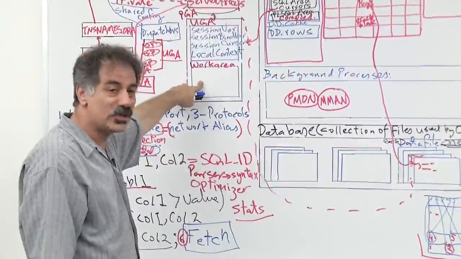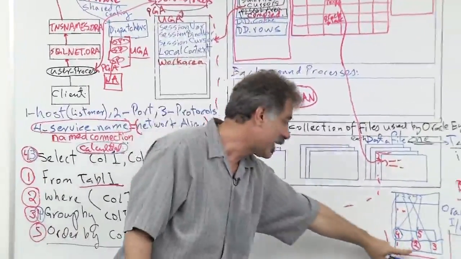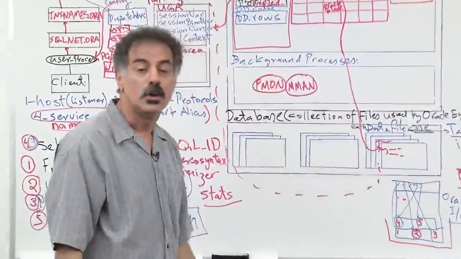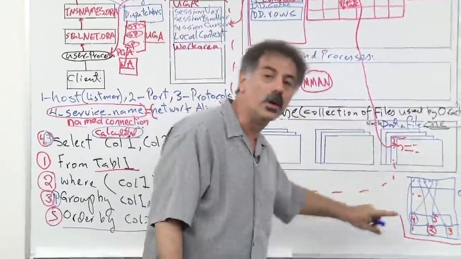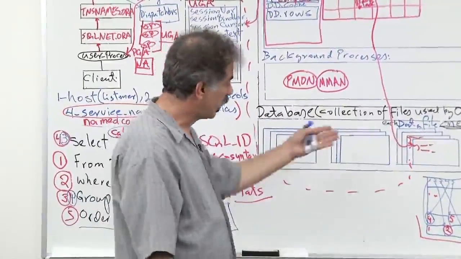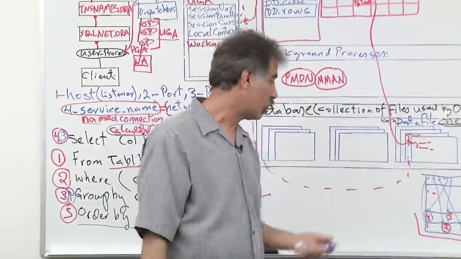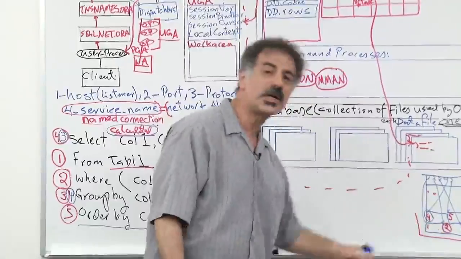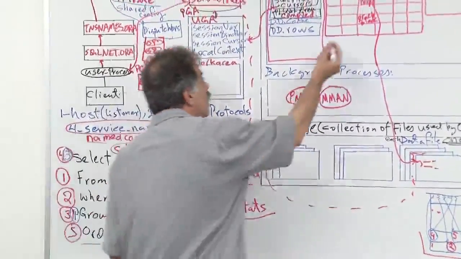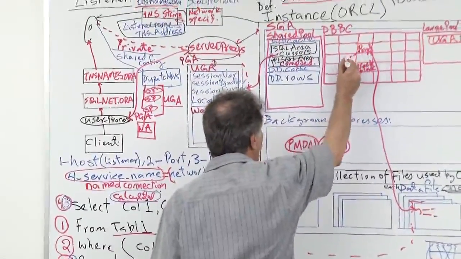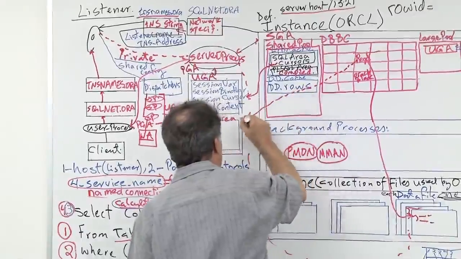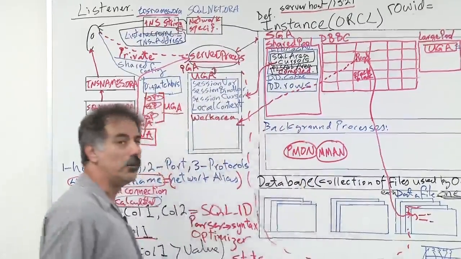Because if this session is for Ron and Ron is accessing record 2, John may need record 4. Therefore, John is going to open this block in his own session and take out record 4. Ron is going to open the block and take out record 2. So we take the read block from here to the work area.